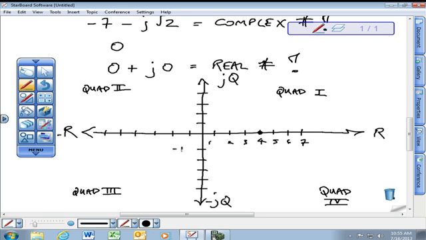All right. So we have a negative J1, negative J2, negative J3, negative J4, negative J5. Why? Because we're on the negative portion of our imaginary axis. And then, of course, we have J1, J2, J3, and J4 for the positive side, of course, of our imaginary axis. And then we have negative 1, negative 2, negative 3, negative 4, negative 5, and negative 6.